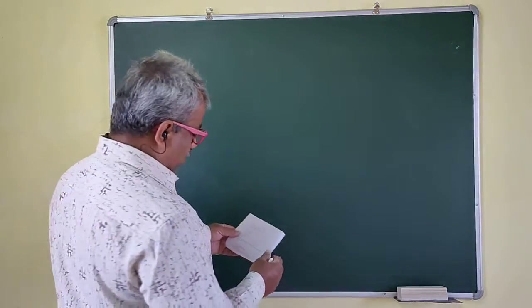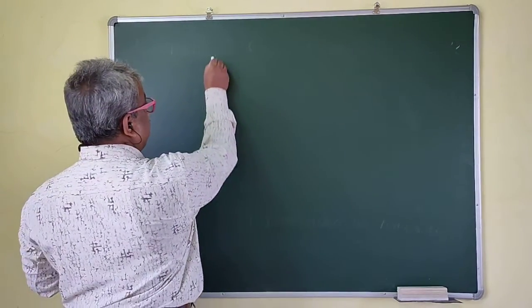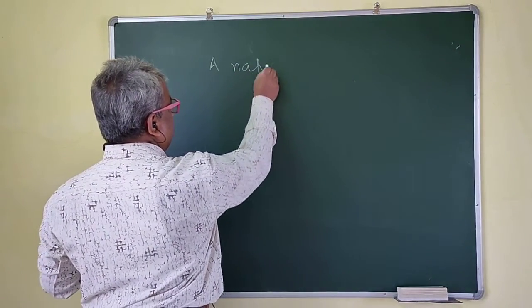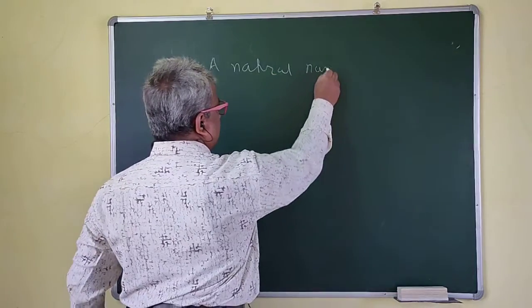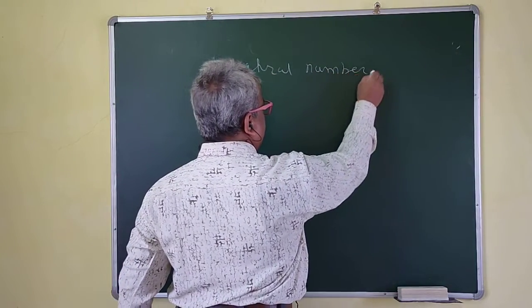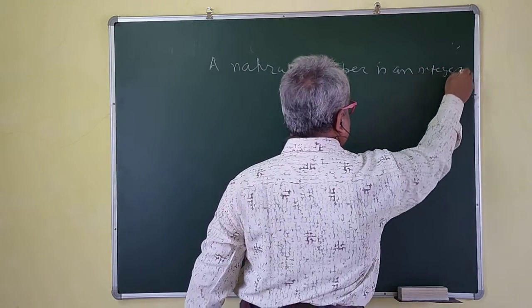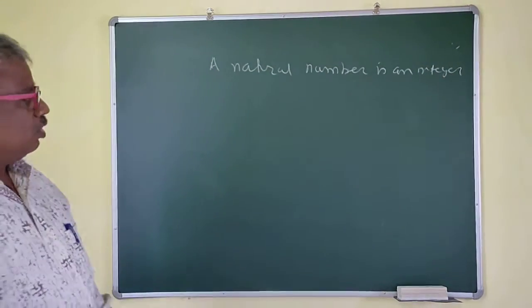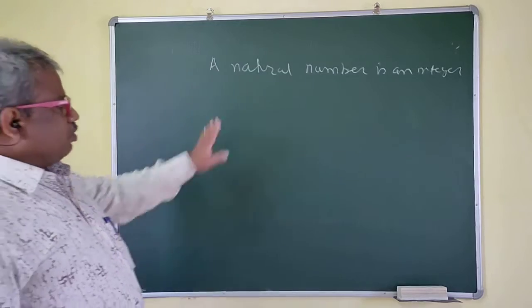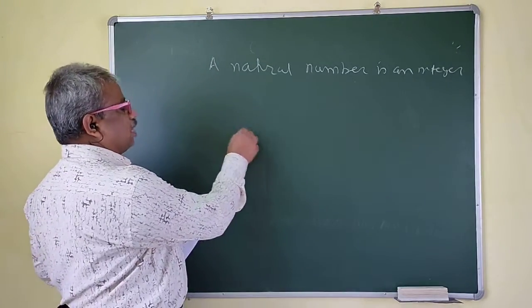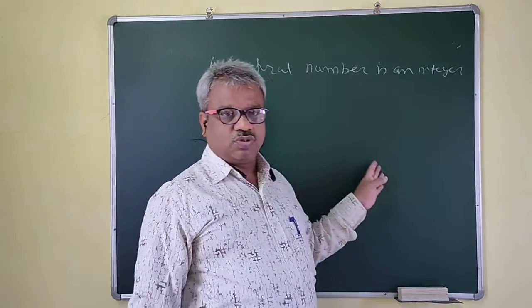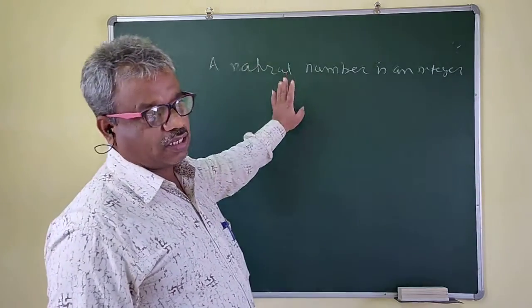Now, a natural number is an integer. You know that natural numbers are 1, 2, 3 and integers are 0, plus or minus 2 and so on. That means natural numbers are integers.